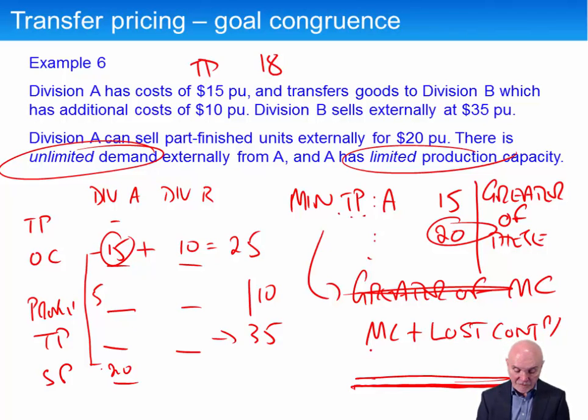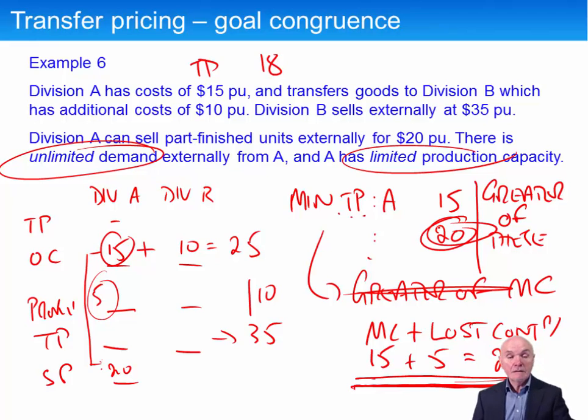So it's going to be 15, that's the marginal cost, and the contribution that A would get from selling outside the group is 5. It's going to be 20. So we have to make A as well off as it would have been had it been selling outside, which effectively comes to offering it the competing price.